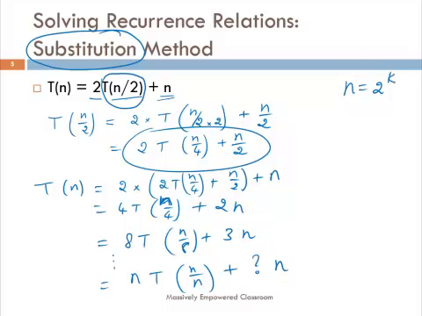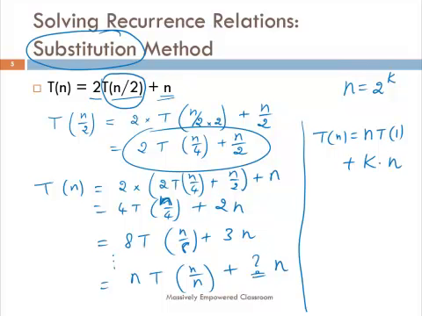After k steps, this number is 2 power 1, 2 power 2, 2 power 3, it will become 2 power k. So this will become n. In other words, if I continue that here, t of n becomes n t1 plus, what will be this number here, the question mark? That will be nothing but k. There will be k steps, so k times n. So we got two terms here.